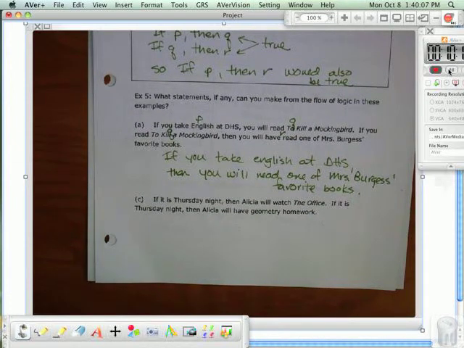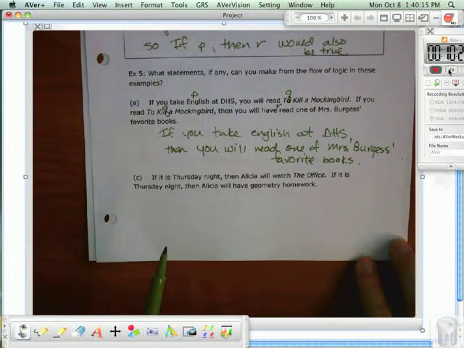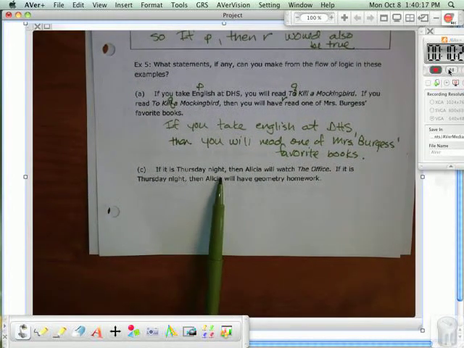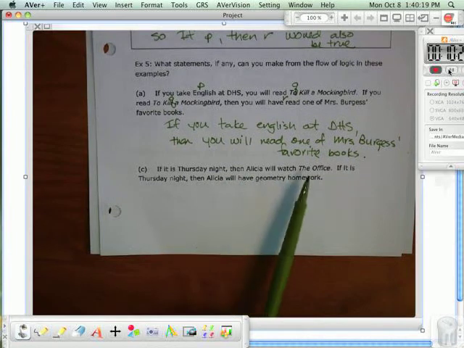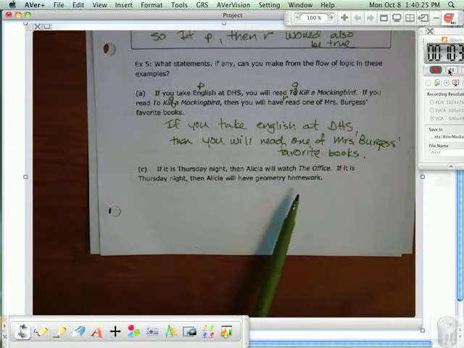All right, let's do another one. Now, it doesn't necessarily have to be in the same order. Watch this. If it is Thursday night, then Alicia will watch The Office. If it is Thursday night, then Alicia will have geometry homework. It's a little bit out of order, but it's still two conditional statements, and we can match something up. What can we match up?